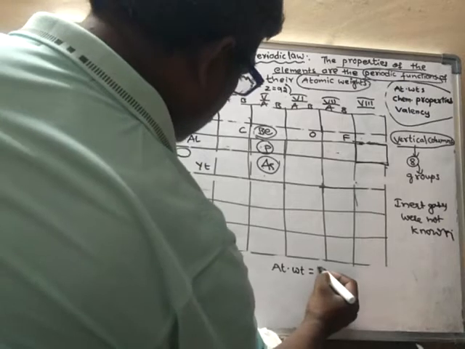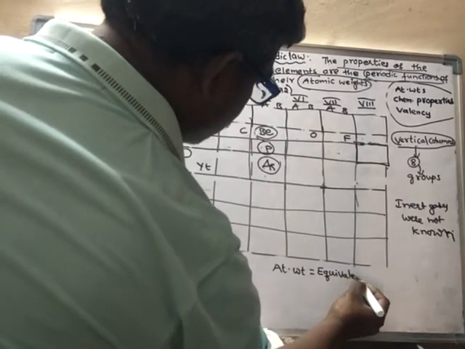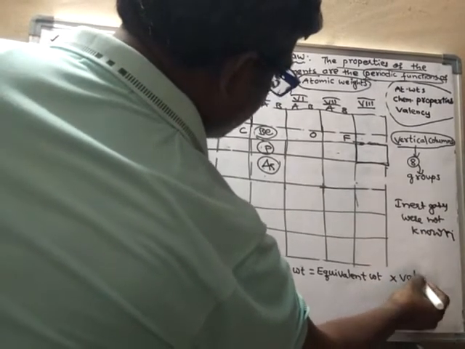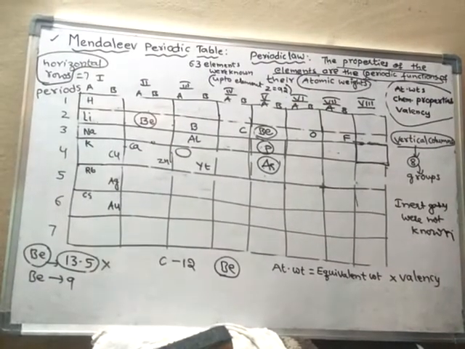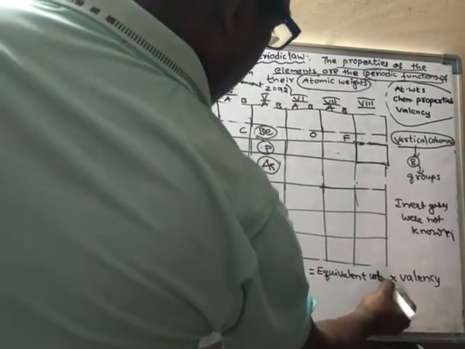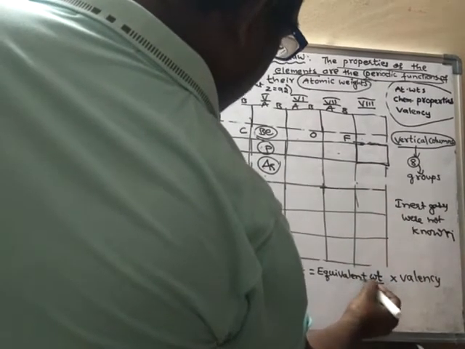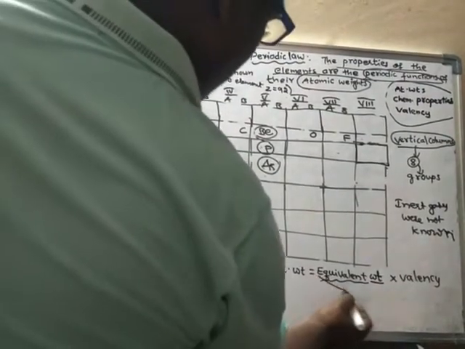Atomic weight is equal to equivalent weight into valence. What is equivalent weight?